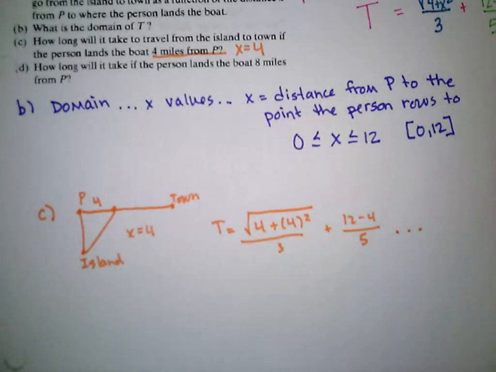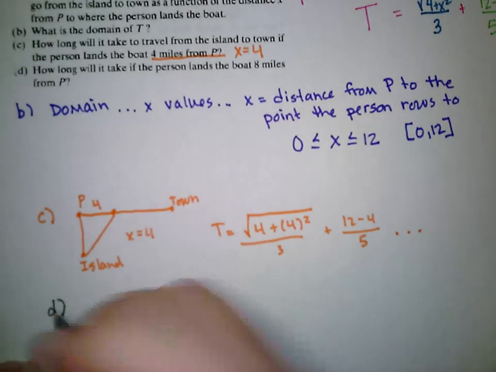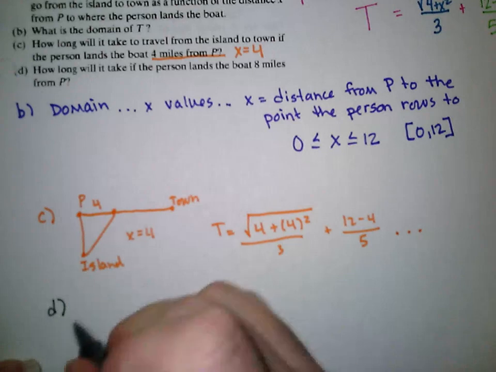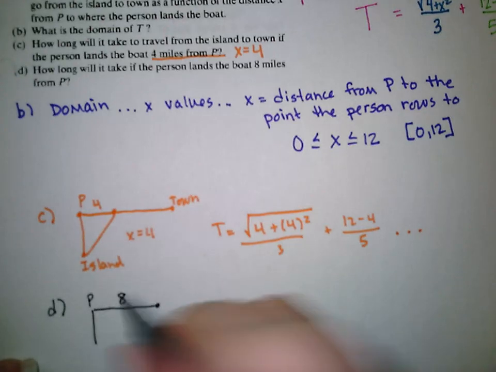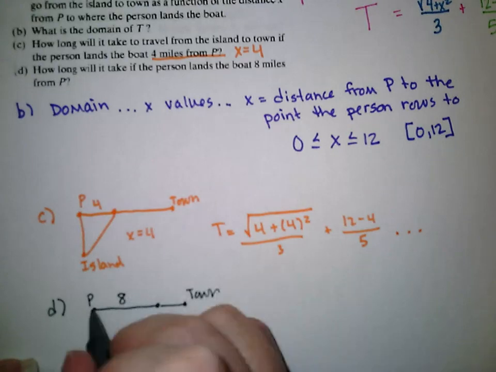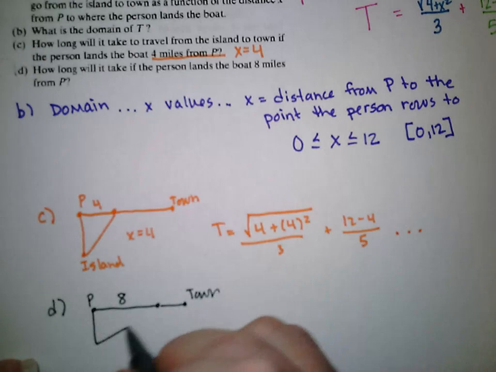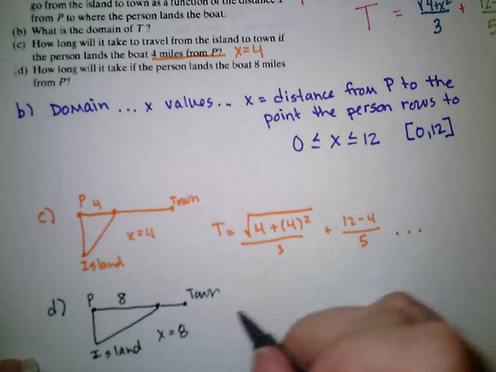Part D, how long will it take if the person lands the boat 8 miles from P? So P, we're going to land 8 miles from across. So in that model, our x equals 8.